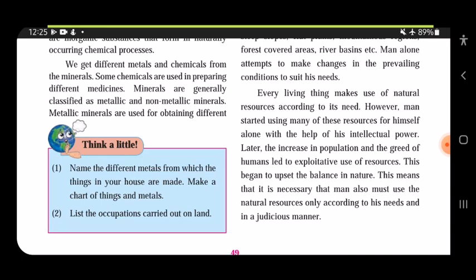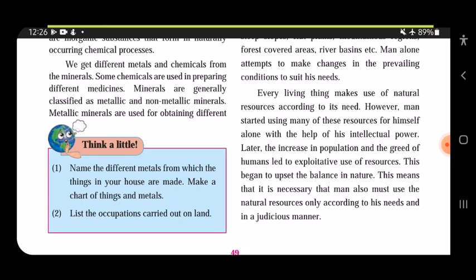Later, the increase in population and the greed of humans led to exploitative use of resources. So some people are not satisfied with what they have. They have that greed. So that led to what? Imbalance. This means that it is necessary that man also must use the natural resources only according to his needs and in a judicious manner.